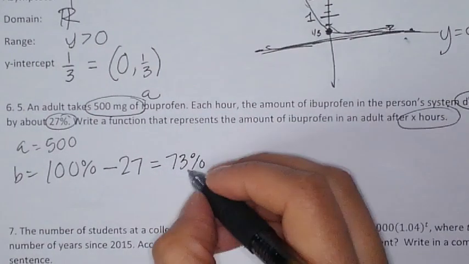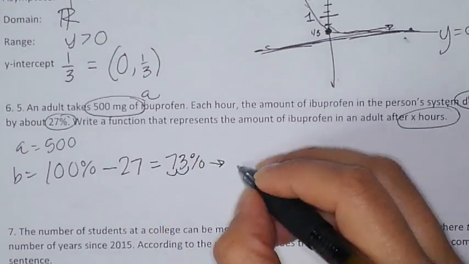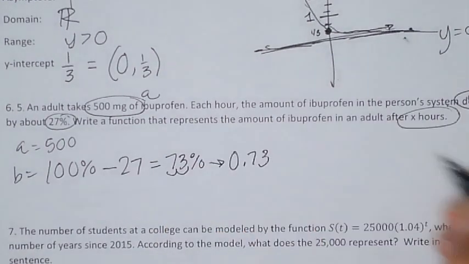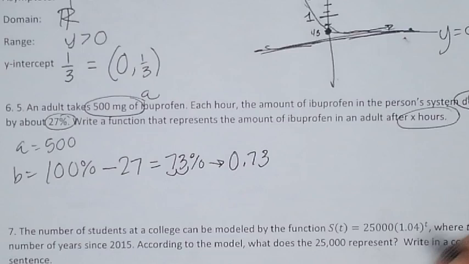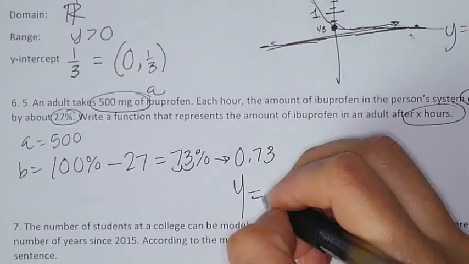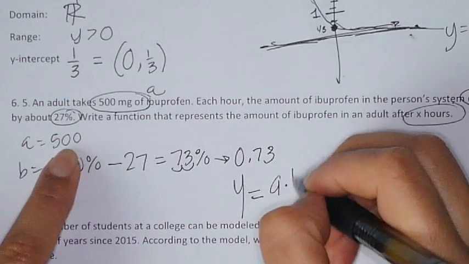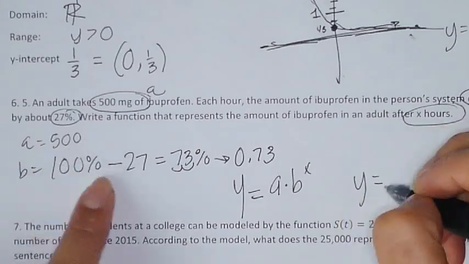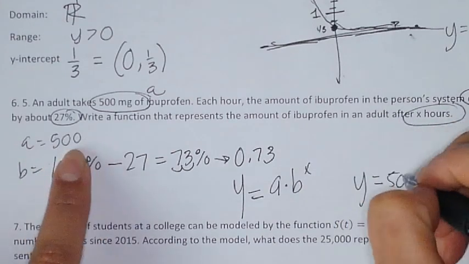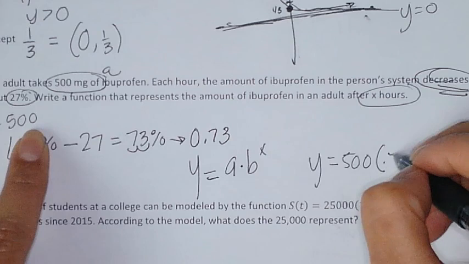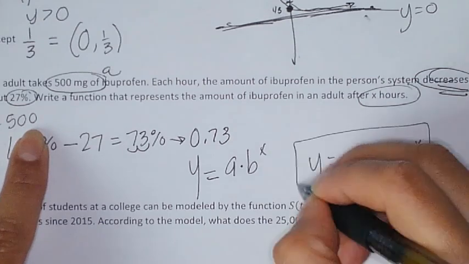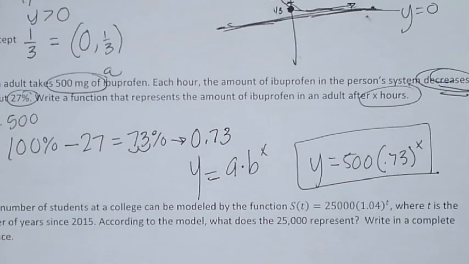I have to convert that to a decimal by moving the decimal point, so 0.73. So I'm going to write the equation, y equals a times b to the x, so y equals 500 times 0.73 to the x power.